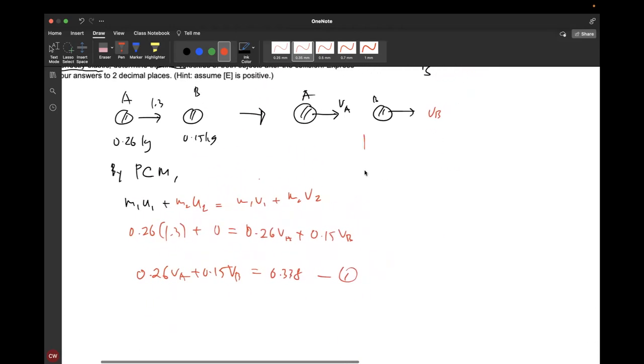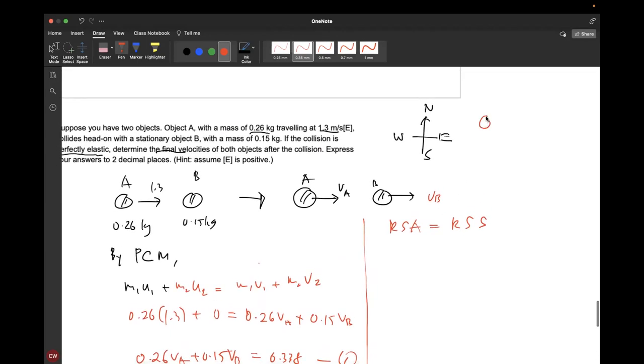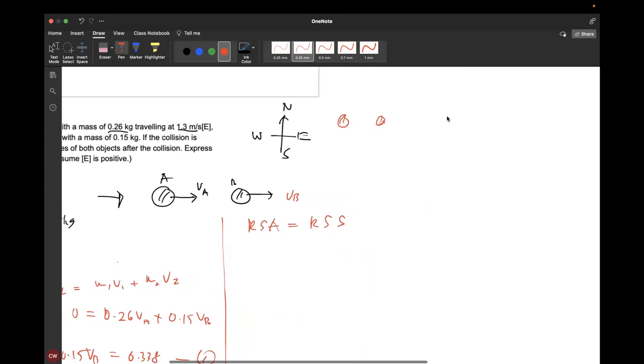The second one, normally we need to use something called relative speed of approach equal to relative speed of separation. Approaching, normally you have to assume object before and after, U1, U2, V1, V2. Before collision, U1 should be faster than U2.